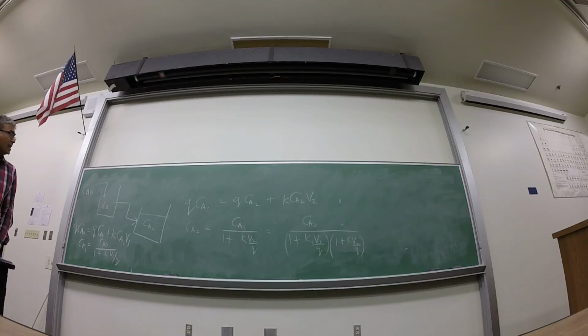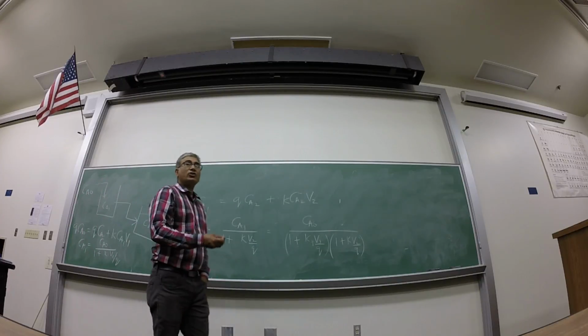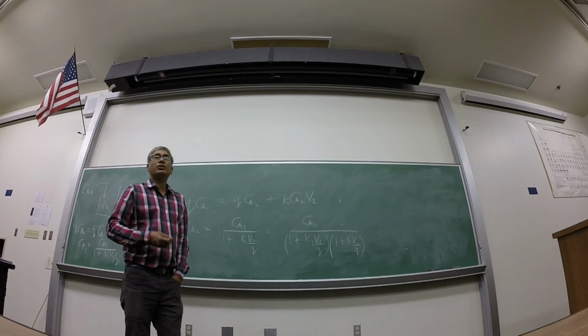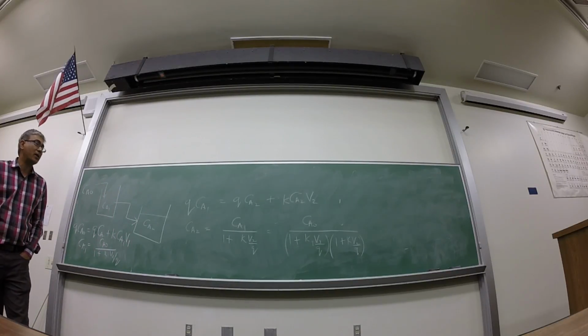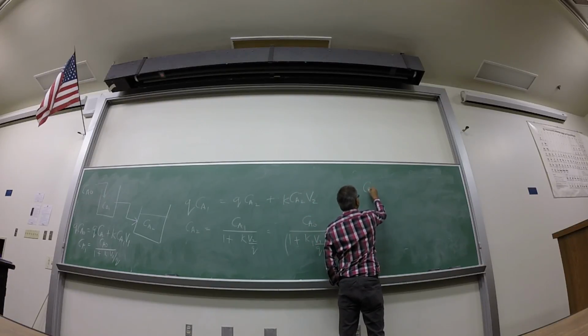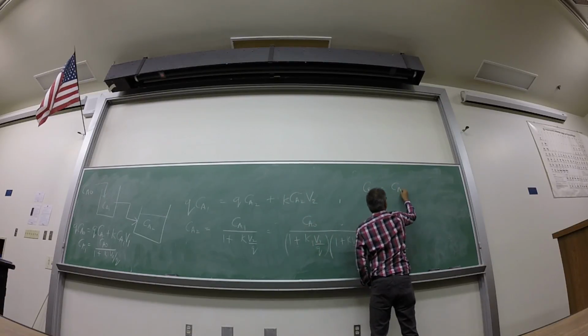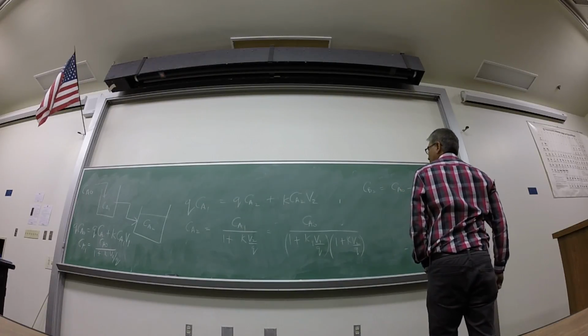Okay. Then I think what I had was, so this is the concentration of A. Of course, from there you can also figure out concentration of B, because concentration of B plus concentration of A is constant, right? Because it's 1-to-1 stoichiometry. So CB2 is going to be CA0 minus CA2, right?